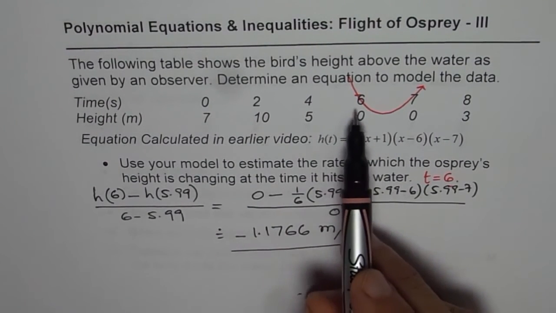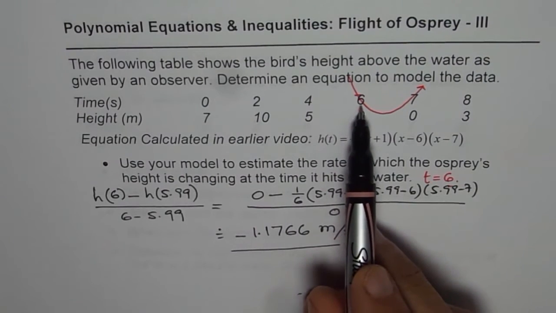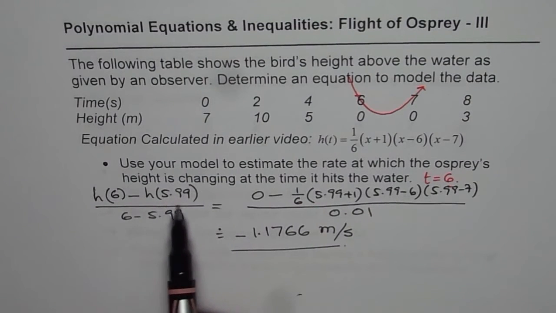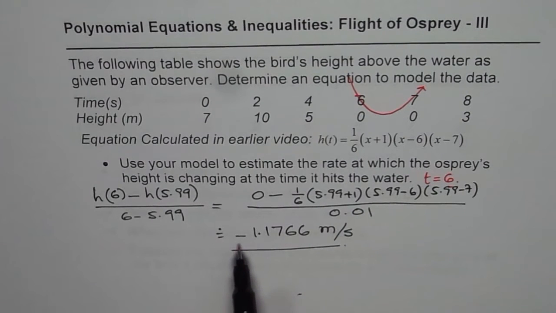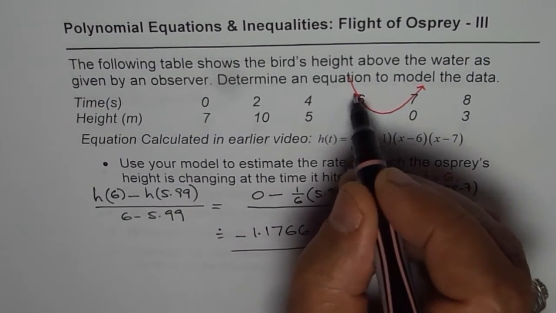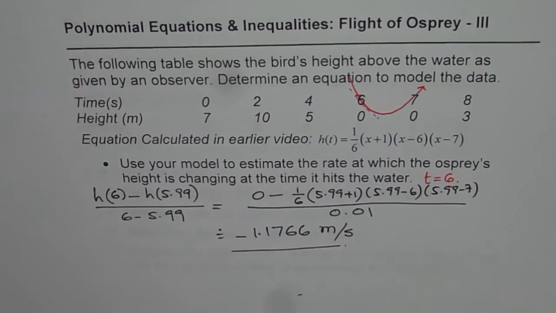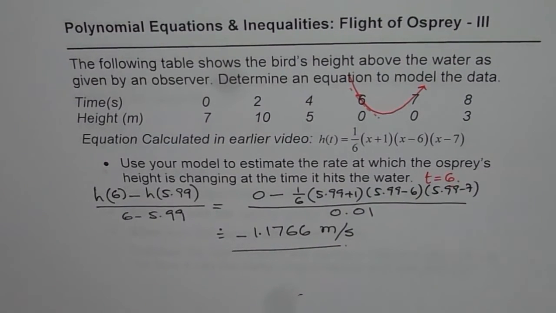It hits water at t equals 6, so we did the preceding rate of change: h of 6 minus h of 5.99 divided by 6 minus 5.99, and calculated the value, which was negative 1.1766. It is expected, and you can see the tangent is going downwards. That is negative, right? Since the Osprey is diving in, right?